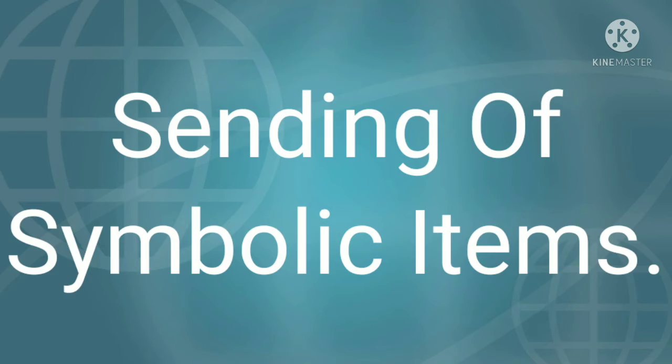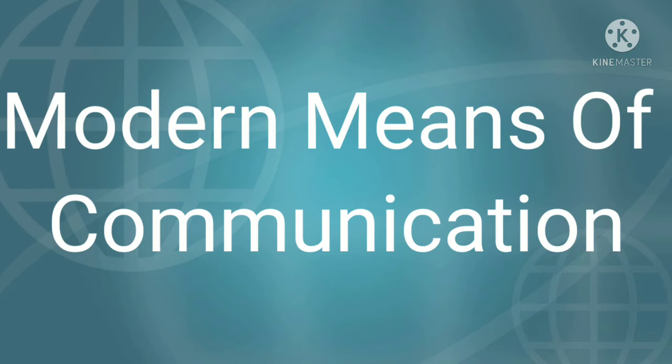Next, scrolling right now is the modern means of communication. The modern means of communication are those means of communication that are being used in this recent time. And technology is a paramount part of the modern means of communication.